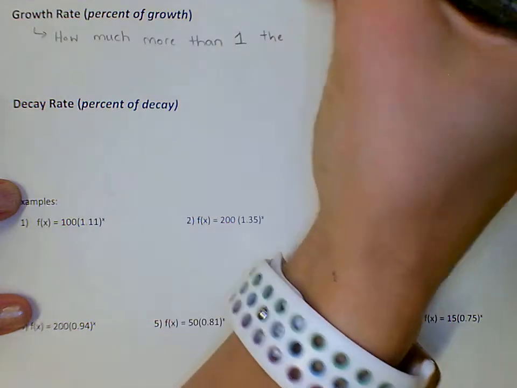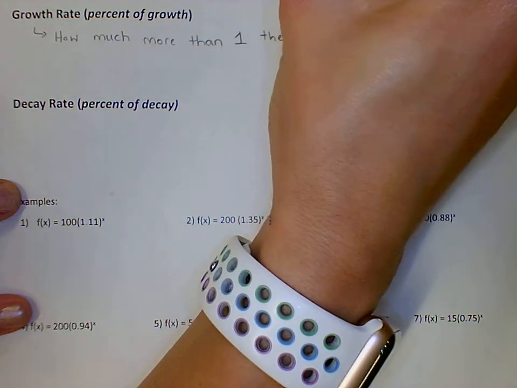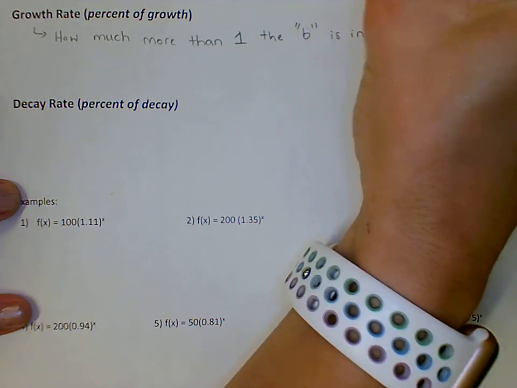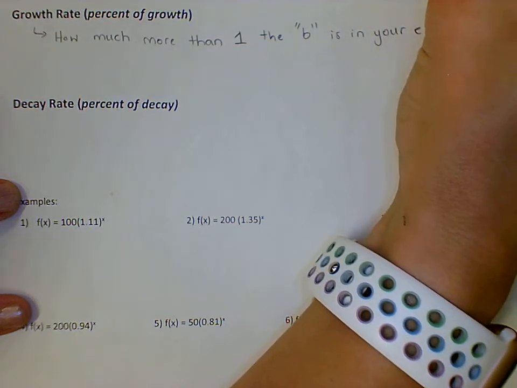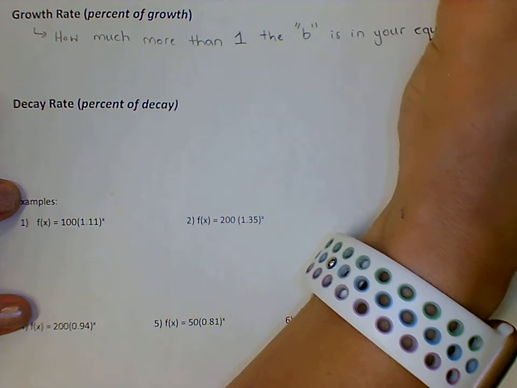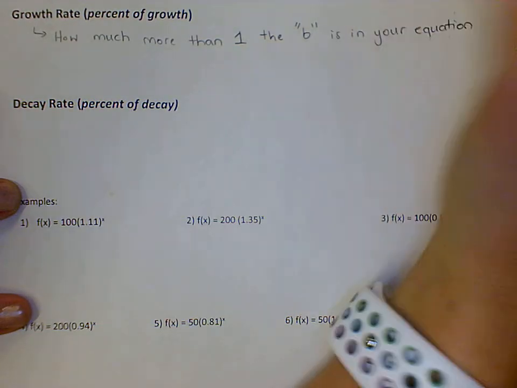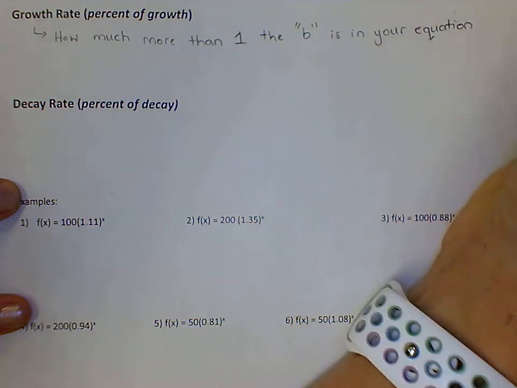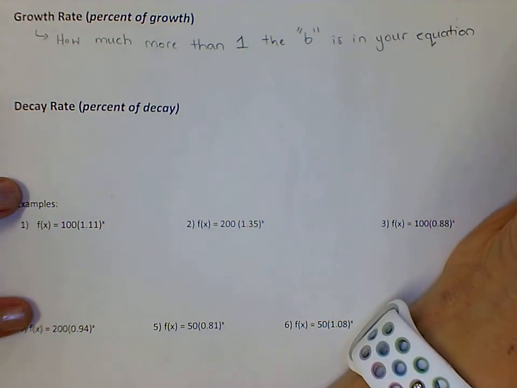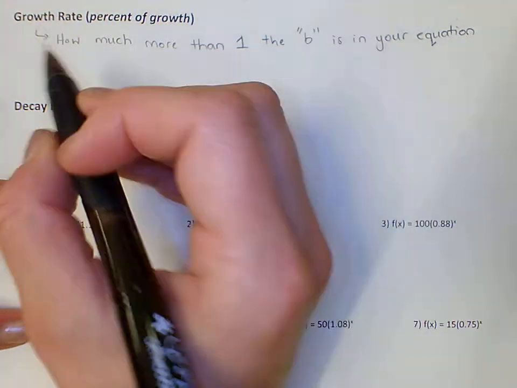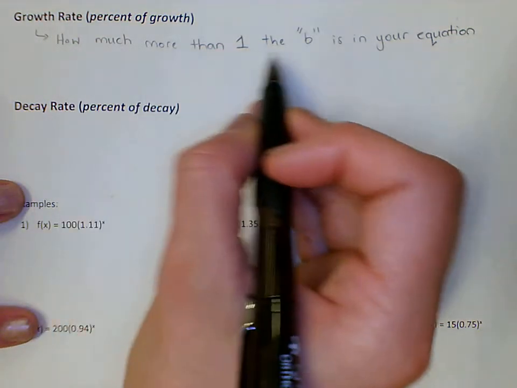And this will make sense once we start looking at it. Because another way that you can think about that B is as a percentage. It's either going to be the percent that it's growing by or the percent that it's decaying by, okay? And so we'll talk about that in a minute.